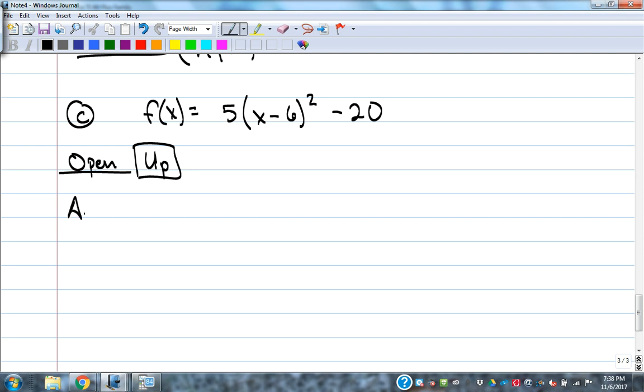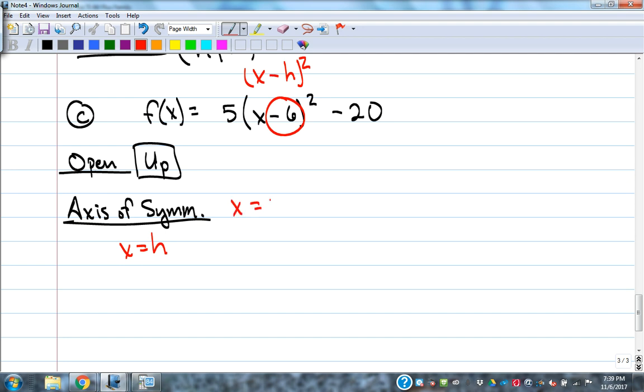Axis of symmetry. Remember, our form has x minus h squared, so our axis of symmetry is x equals h. So this is going to be x equals 6. The best way to think about that is to always take the opposite of whatever's in the parentheses.